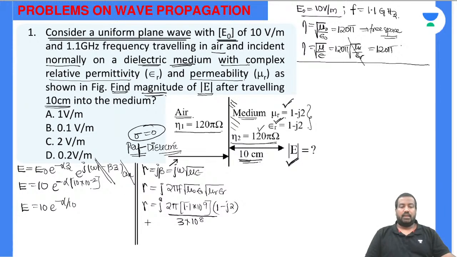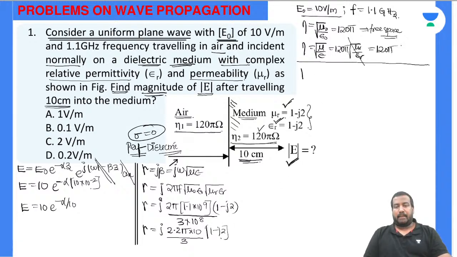Clear? So from this, gamma is j times 2.2 pi into 10 power 9, by 3 into 10 power 8, into 1 minus j2.